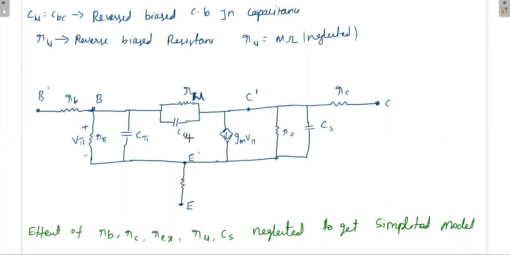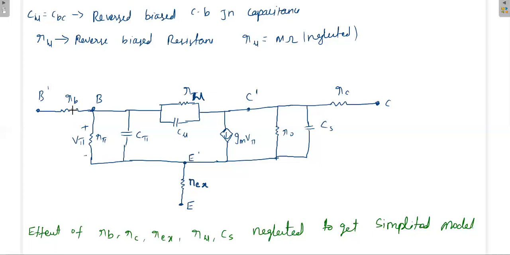Then at the output side, this is the voltage controlled current source, GM into V pi. R naught will be there, CS will be there, then RC will be there, and this is REX. This is the generalized model. But you can neglect some of the terms here because the RB value is very low.